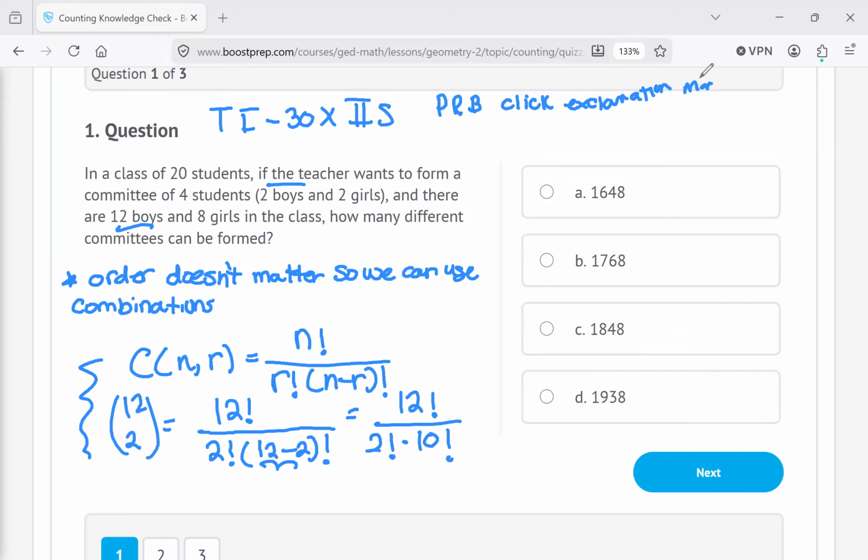Now, if you don't want to use a calculator, or if you can't figure out how to do the exclamation mark, there's an easier way.